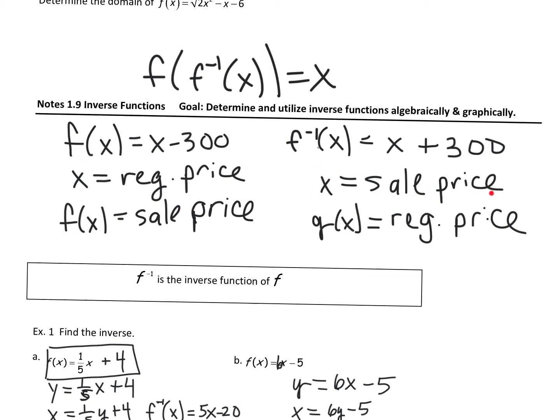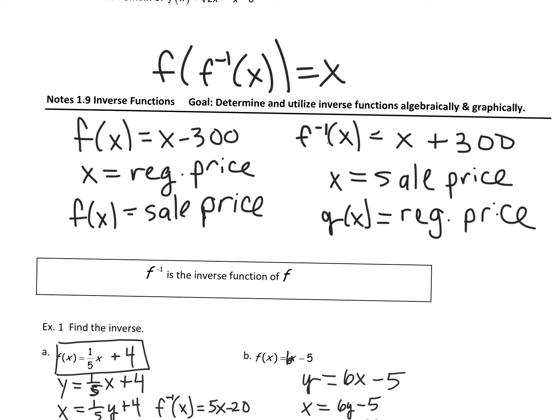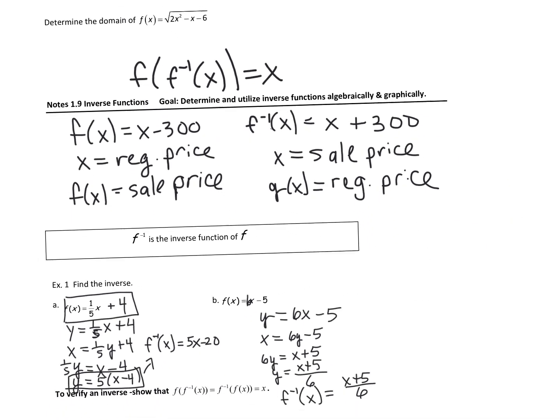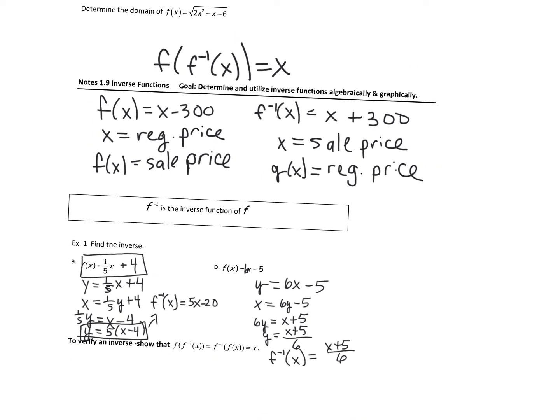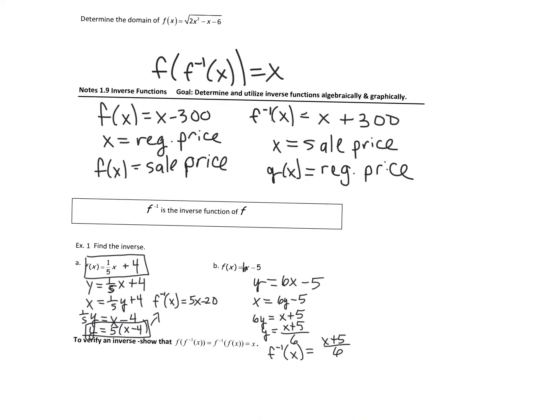And what does x represent again? The sale price. I think when I'm in person, it's a little easier to describe, but that gives some justification for why f of f inverse of x equals x if two functions are inverses of each other. If they're not inverses of each other, then you do not get out x.